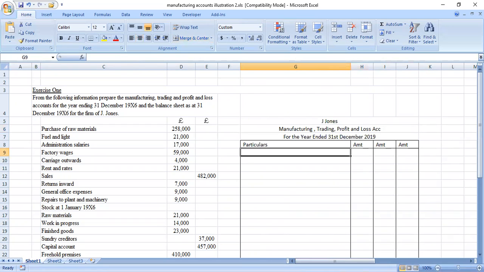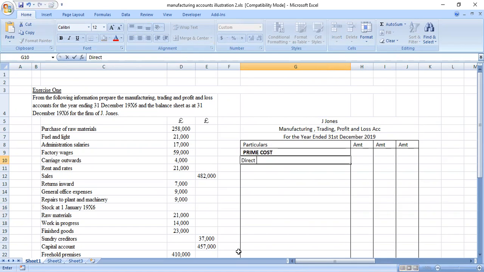And the prime cost, we said these are direct expenses, the direct expenses that can be directly traced to the final output. And the prime cost is made of direct materials, direct labor, and direct expenses. So we begin with the direct materials.